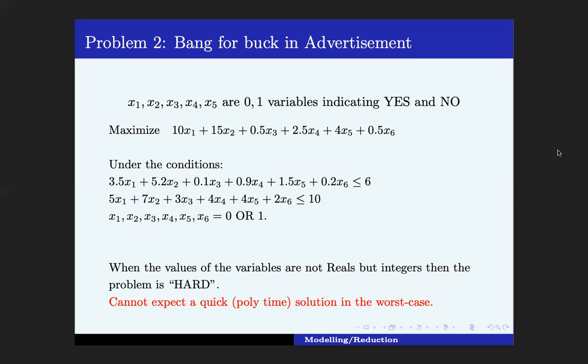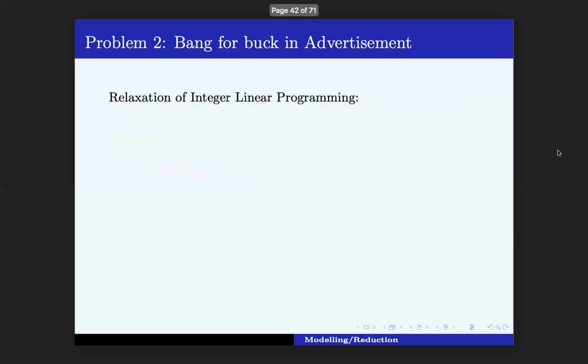So now let me give you a very quick idea about how one can hope to solve this problem. Whatever I'm going to say in the next 3-4 slides, if you are not interested, you can forget it. This will not be a part of your course. The basic idea is what we call the relaxation of the integer linear programming.